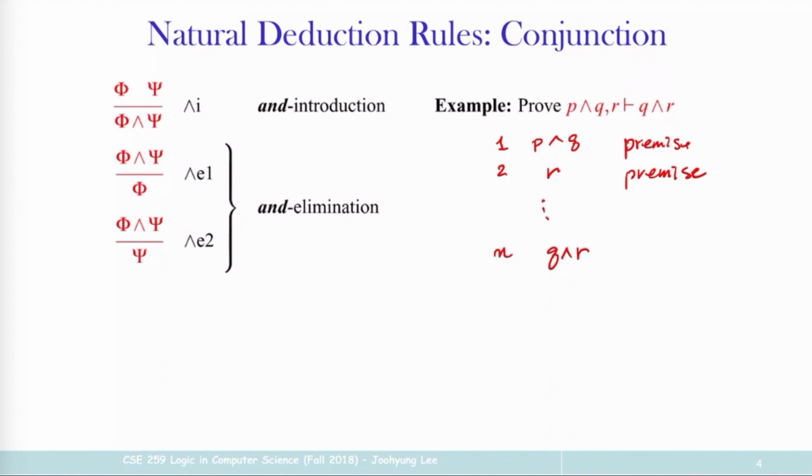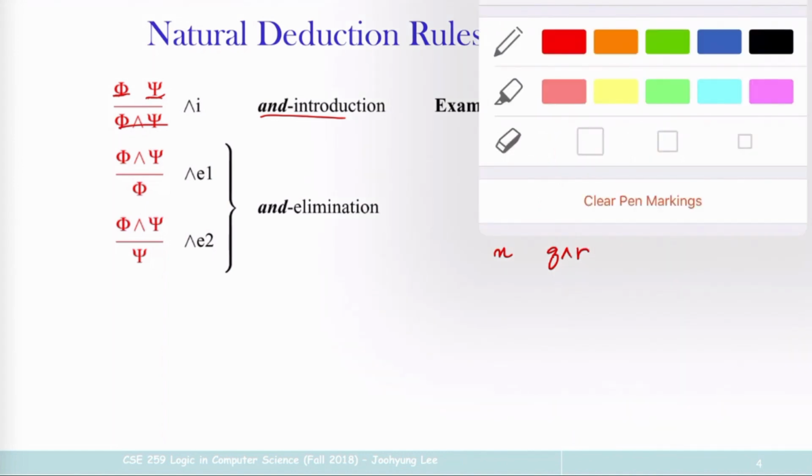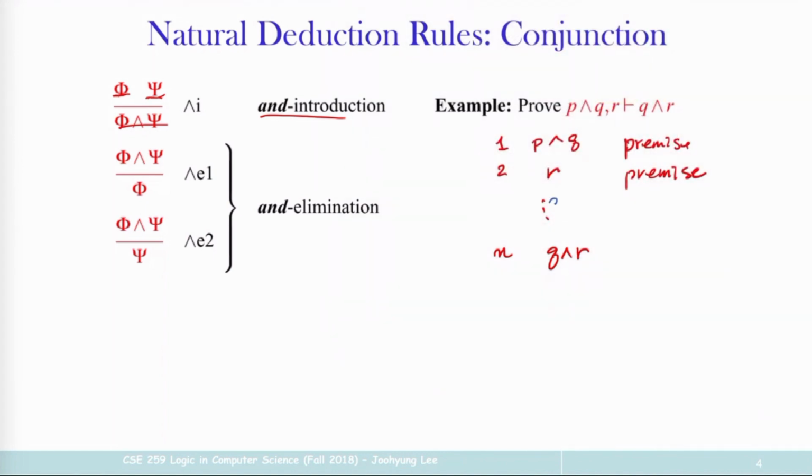For this particular problem, it's easy to look at the goal. The goal is Q and R, right? In order to derive Q and R, you only need one rule, which is AND introduction, which means if you have Q and R already established, then you can derive Q and R. Since I don't know whether Q is true or false, let me just write Q here. Fortunately, R is already there.